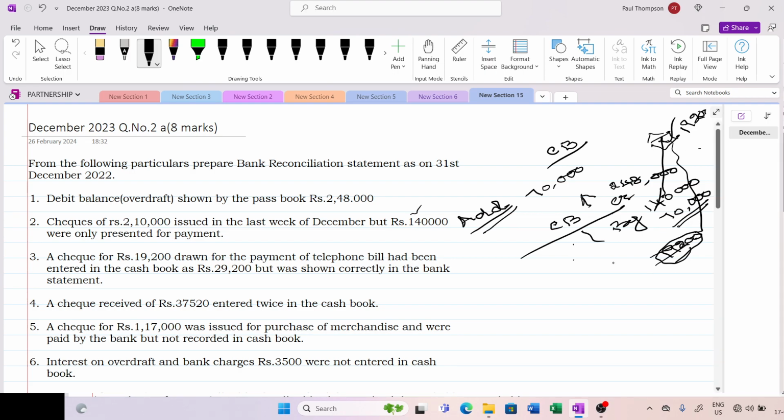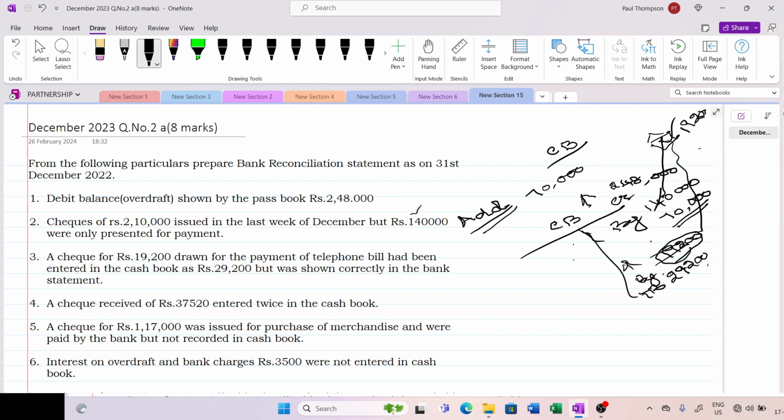But what the accountant did, when they wrote on the credit side by telephone bill, instead of 19,200, erroneously he wrote 29,200. He has increased the payment side by 10,000.